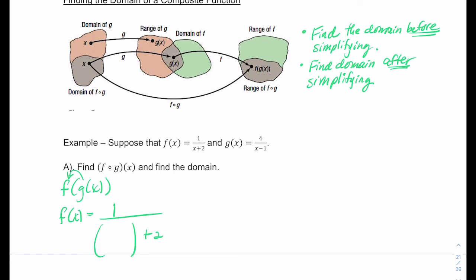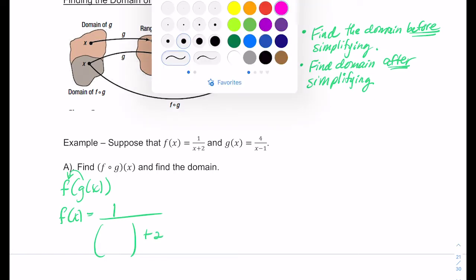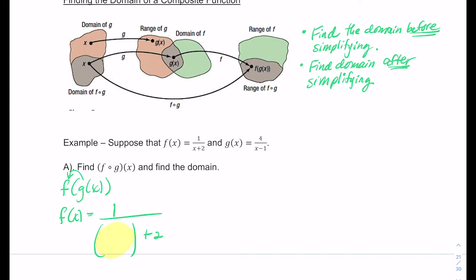In place of x, I'm going to just put g of x because that's what the composite function's telling me to do. It's saying take g of x and put it inside f. So where that x is, right here, I'm going to replace it with g of x. So I'm putting 4 over x minus 1.